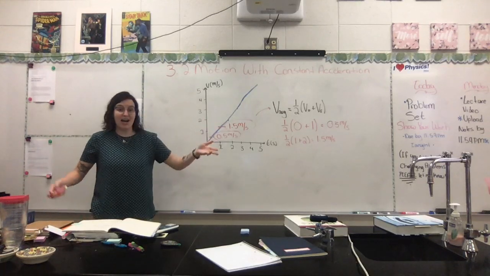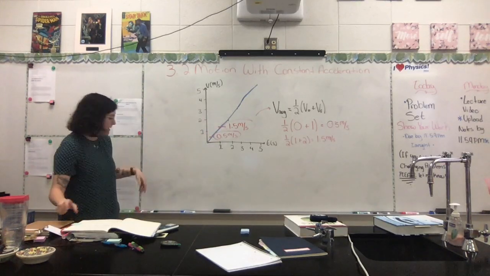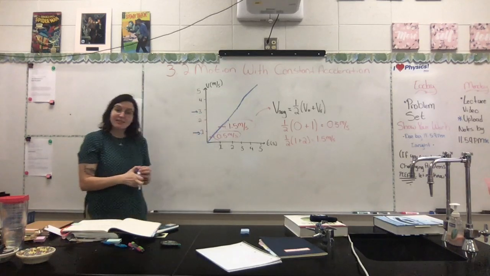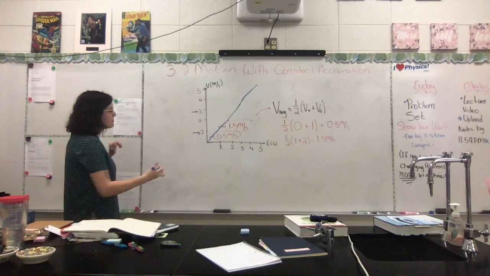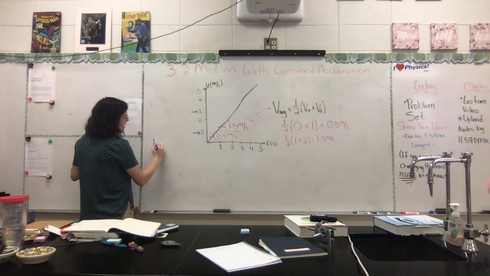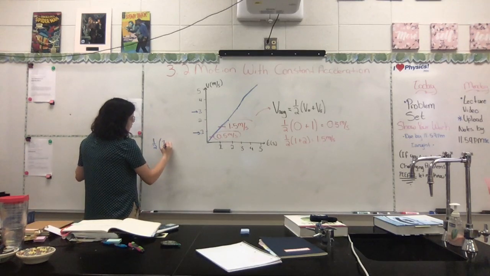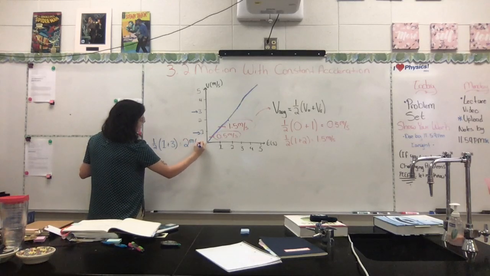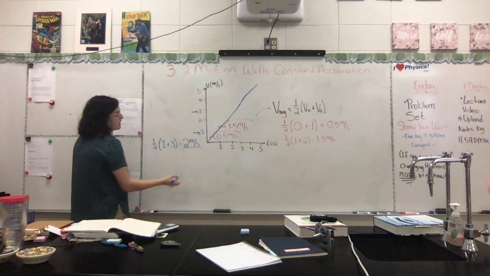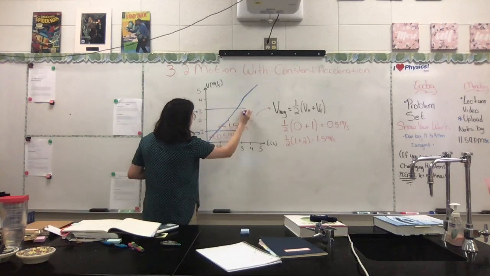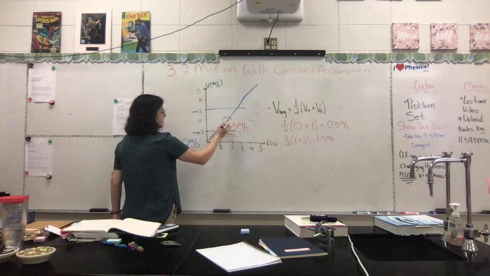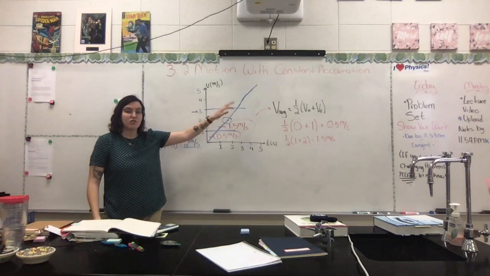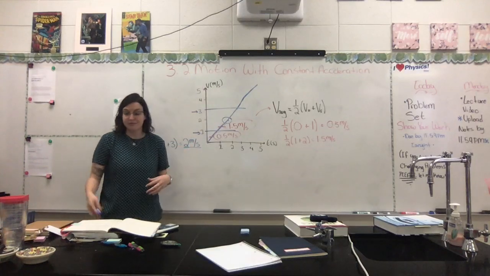If we wanted to find the average velocity between 1 meter per second and 3 meters per second, we could do 1/2 (1 plus 3), and the average velocity is 2 meters per second. You could use this equation to find the average velocity of any point on this graph.